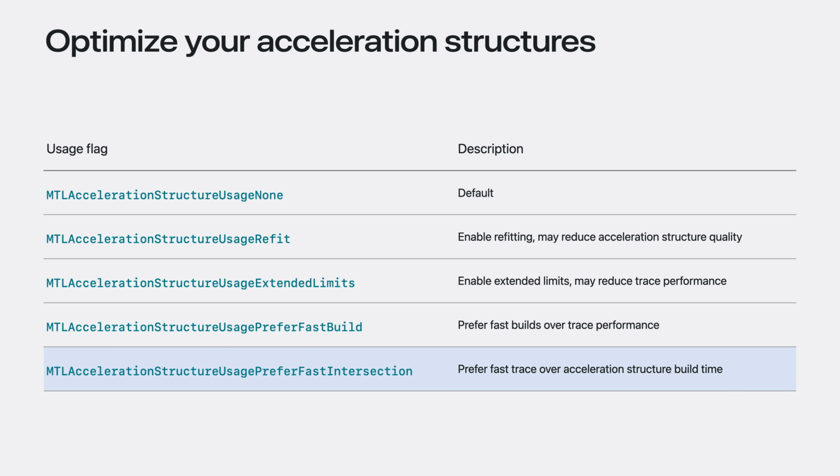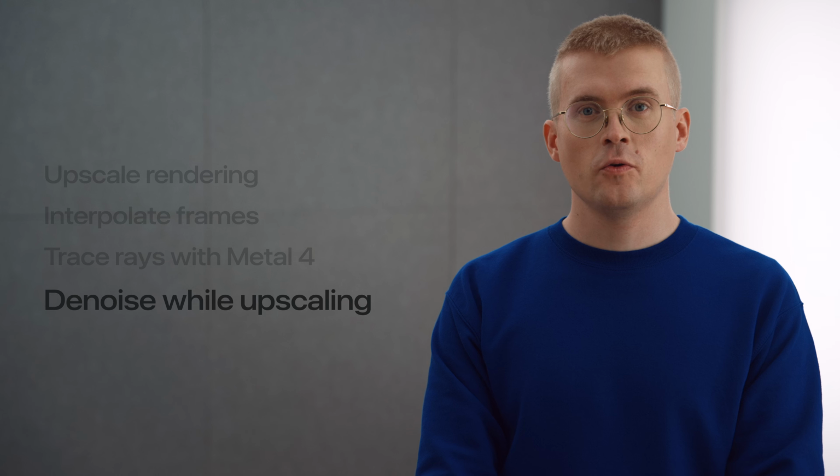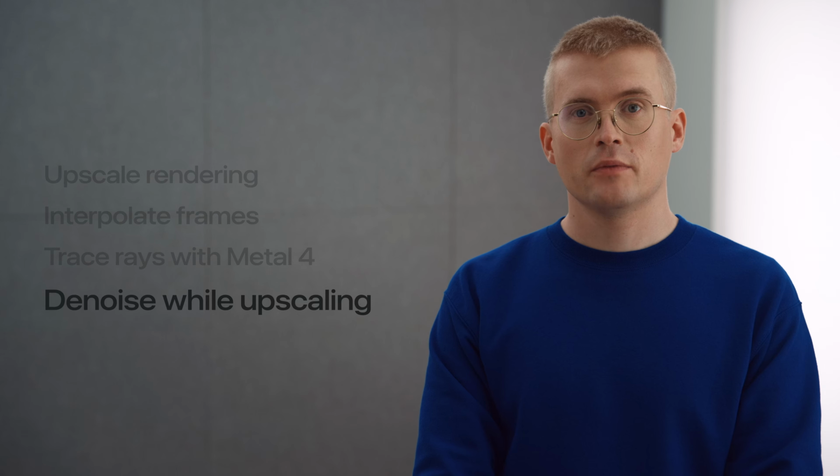This year, you get even more flexibility and can prefer fast intersection to reduce the time it takes to trace rays. Or you can opt to minimize the memory usage of your acceleration structure as well. Usage flags can be set per acceleration structure build and don't have to be the same for all acceleration structures. The new acceleration structure flags make the ray tracing part of your rendering pipeline even more tailored for your needs.